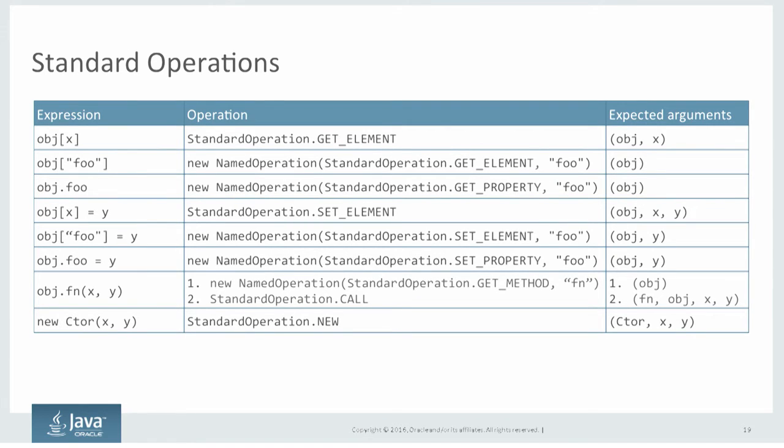In the first case, we only need the object. In the second case, we then have to pass the obtained function, the receiver object, and all of the arguments. And again, in the first of these two operations that are needed to issue a call, we can see that a named operation is used to make sure that the same name is used in all cases. The name is a property of the call site.